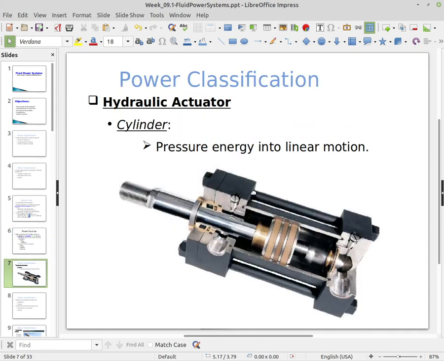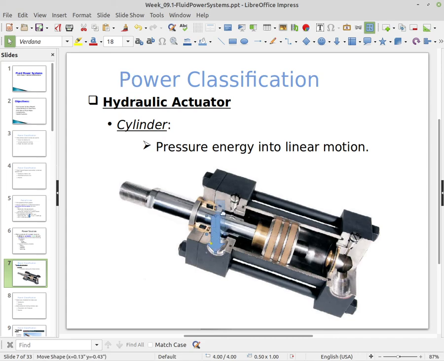So here's a picture of a hydraulic actuator, typically referred to as a cylinder or hydraulic cylinder. And the idea here is that we put pressure in.